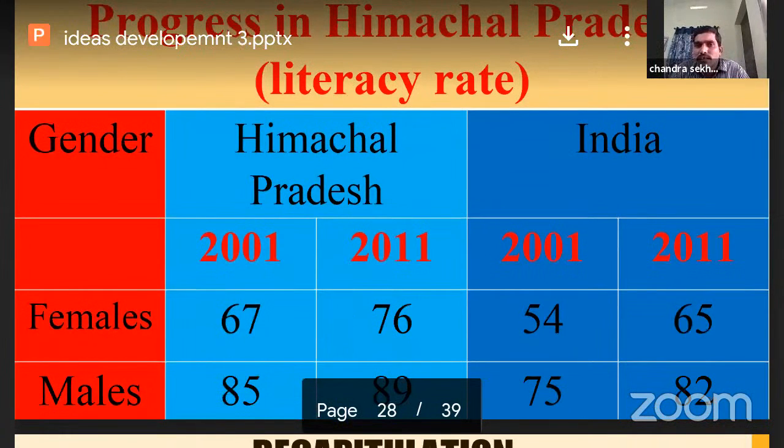So we can understand the female literacy rate between Himachal Pradesh and the rest of India. In 2001, female literacy in Himachal Pradesh was 67%. In 2011, it increased up to 76%. But when we observe India, it is only 54% in 2001 and increased up to 65%. So the rest of India is very far behind Himachal Pradesh.